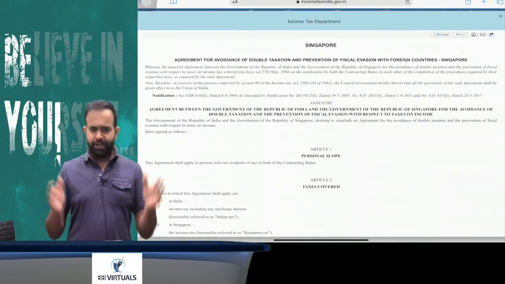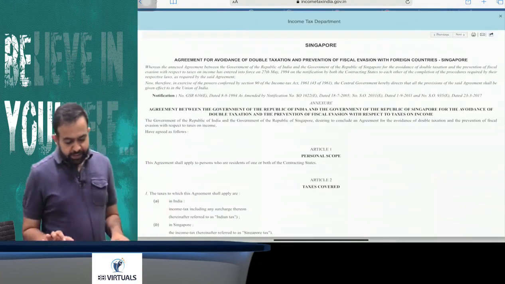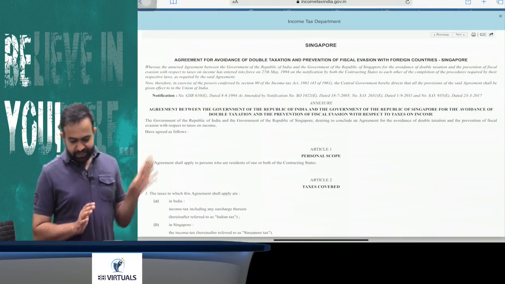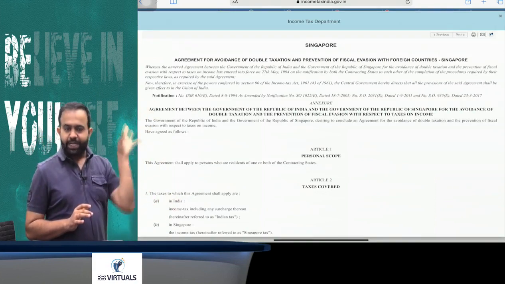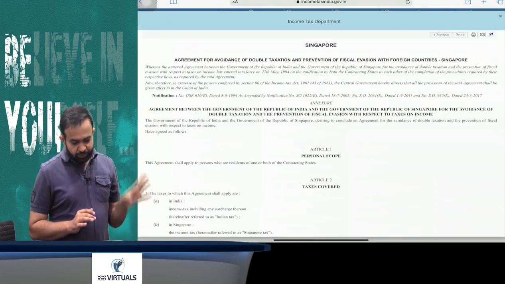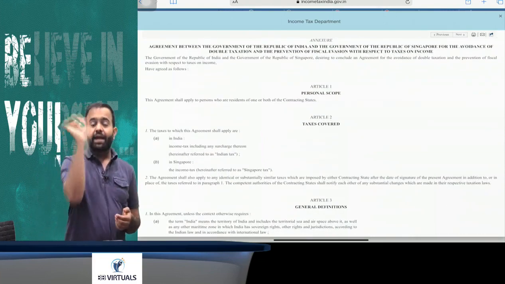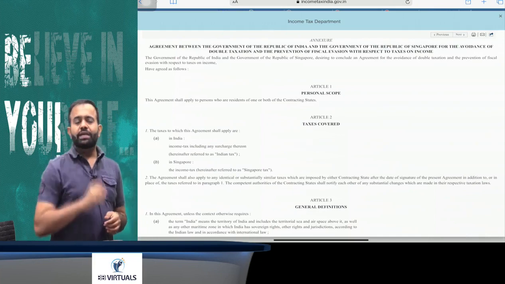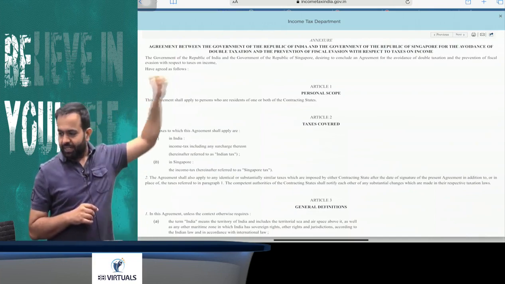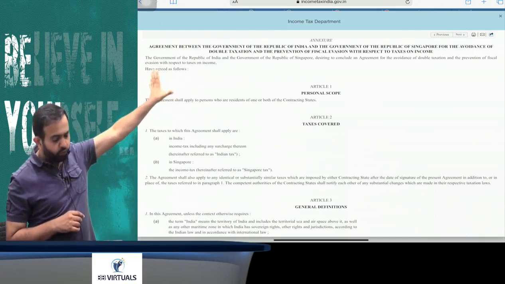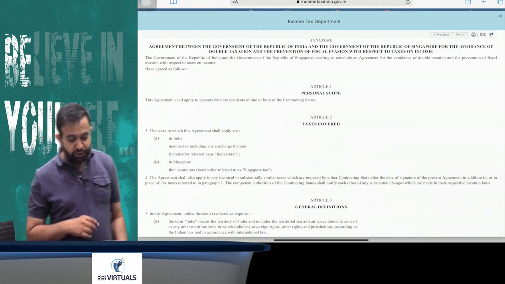Comprehensive means we cover all types of income. So guys, this is one agreement, that is with Singapore and India. Now guys, the first part, that is the heading of that agreement, is known as the preamble of the agreement. So what is written in the preamble? Just pay attention.